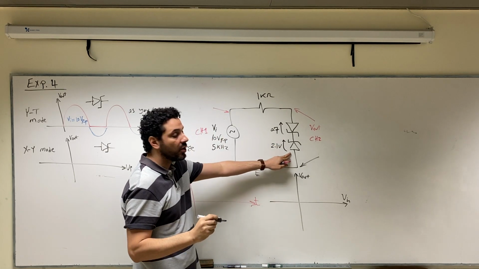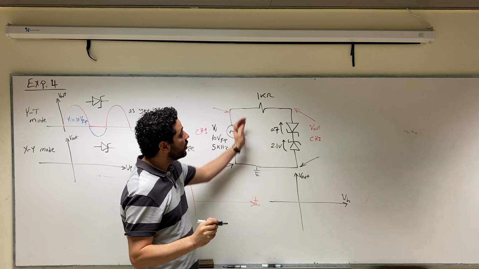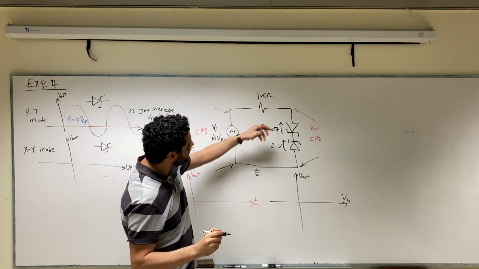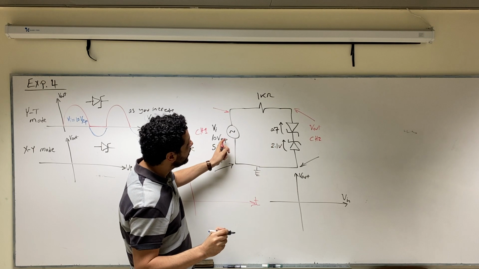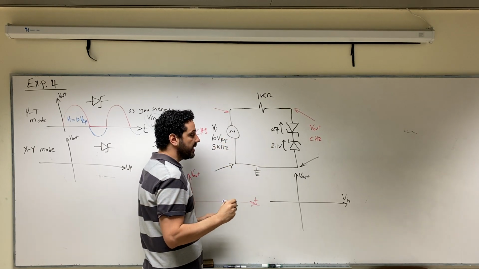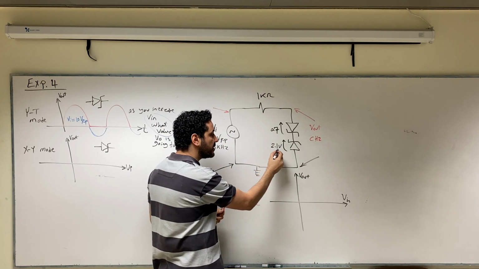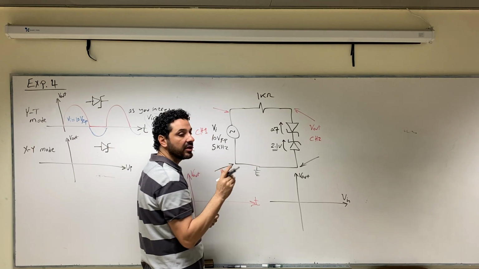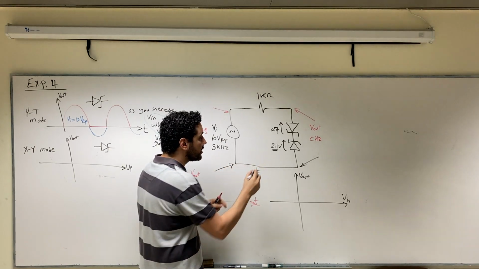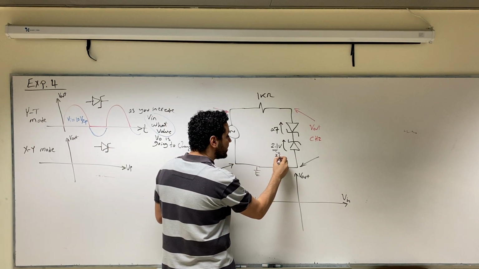We are using the small Zener diode here. So in total, in order for this branch to operate, you need around 2.8 volt, maybe more, because the breakdown of the Zener diode ranges between 2.1 up to 3.6.